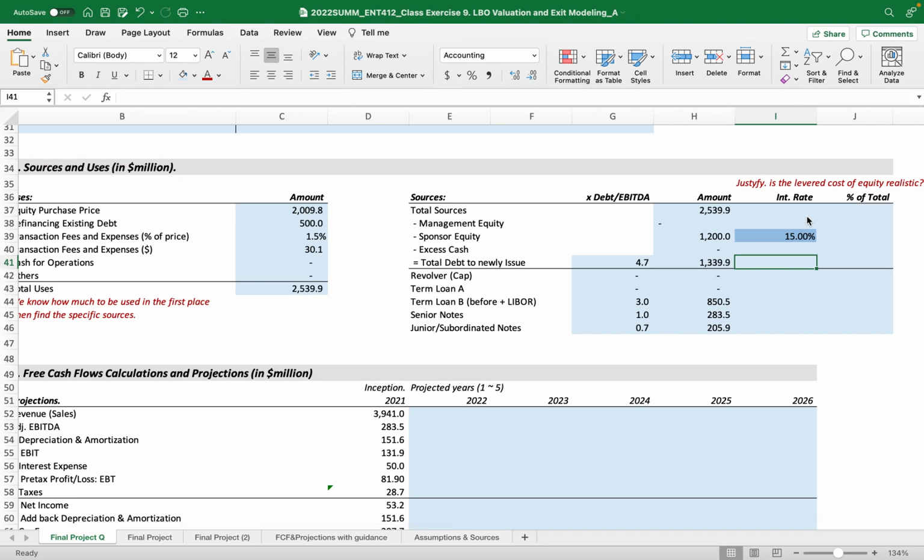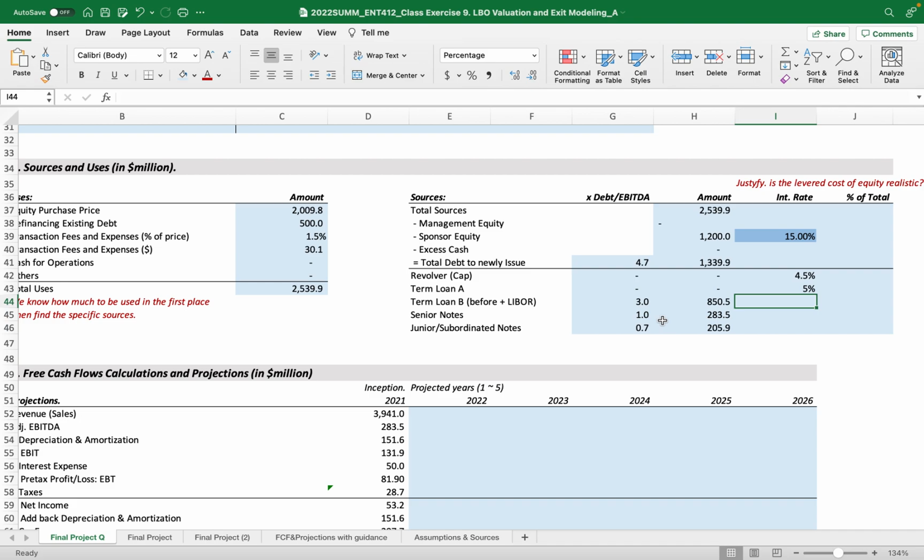And then the total debt newly issued. The revolver recently is like 4.5% in the market, and the term loan like 5% from the market. And then term loan B. Now this term loan B has LIBOR, which means it has some floating rate changes.